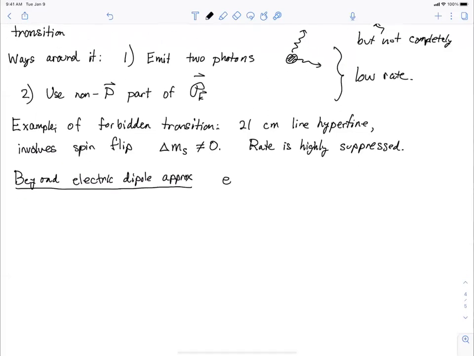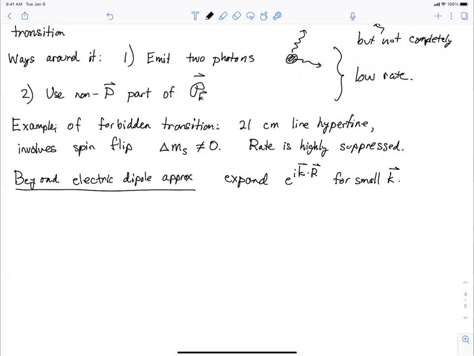All you do is you expand your e to the i k dot r factor for small k. The details of this are in the notes, but here's how it works out to the next order.